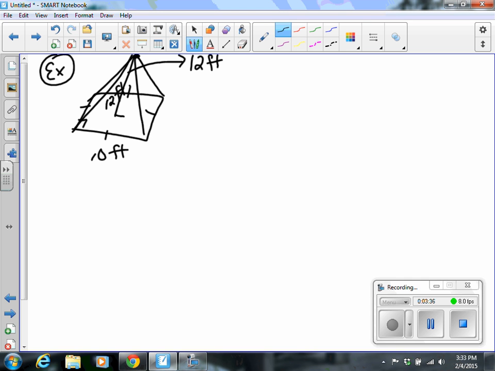And my pyramid is 10 feet wide. So go ahead and calculate out your volume. Make sure you have the correct units.